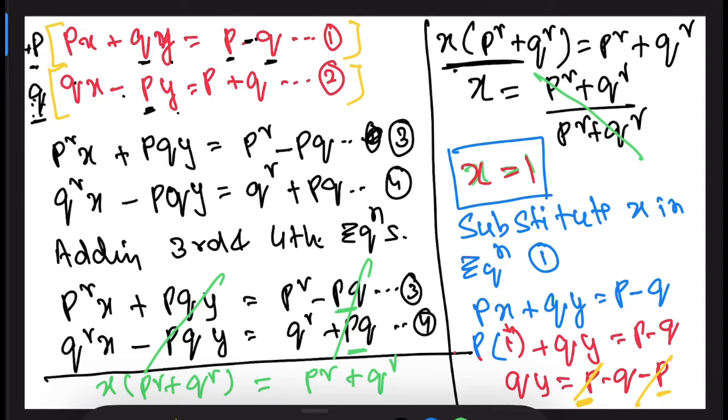What has come? qy equals minus q. Okay, so from this we can get the value of y. y equals minus q upon q. So this will also get cancelled. So now y equals minus 1.